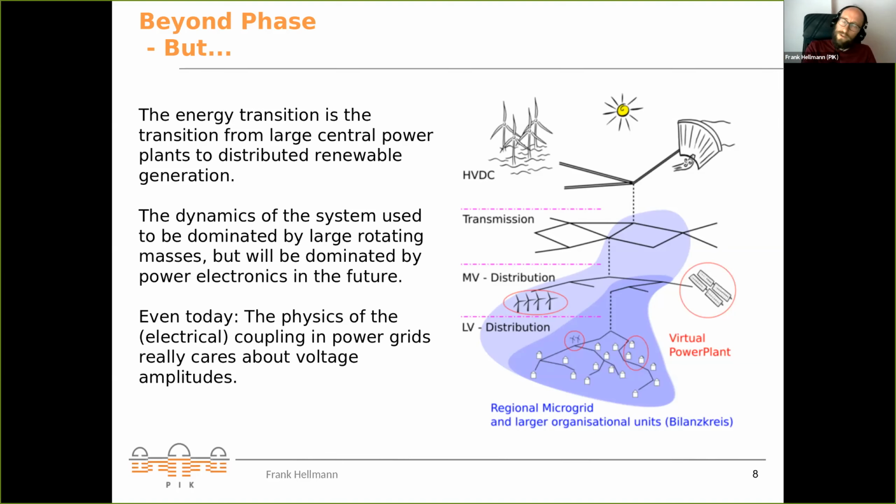We already know today that amplitude dynamics are hugely important for actually understanding the physics of power flows, the physics of nonlinear instabilities in power grids. And finally, these dynamics that were dominated by phase rotors in the past will be dominated by power electronics in the future.